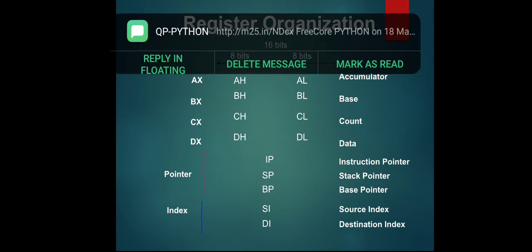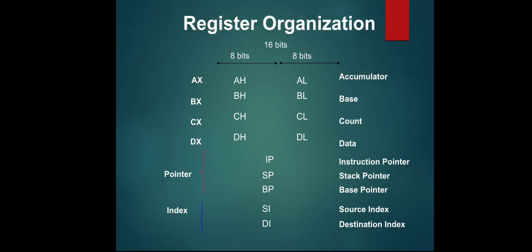Next, coming to the BX register. It is generally used to store data, but in special cases the BX register is also used as the base address register in relative addressing modes. The CX register is generally used as a data register, especially in recursive programs or iterative applications.